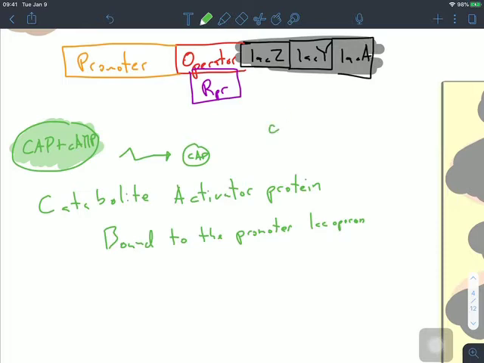The cAMP is known as cyclic AMP, or adenosine monophosphate. AMP is the depleted form of ATP, which is our cellular energy.